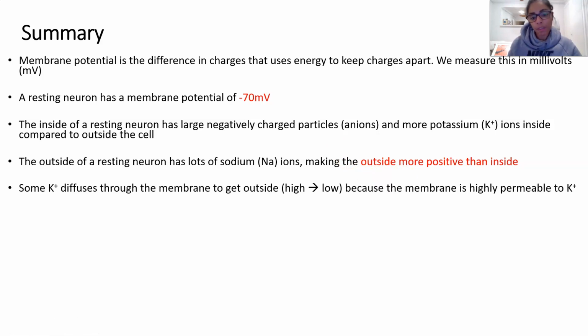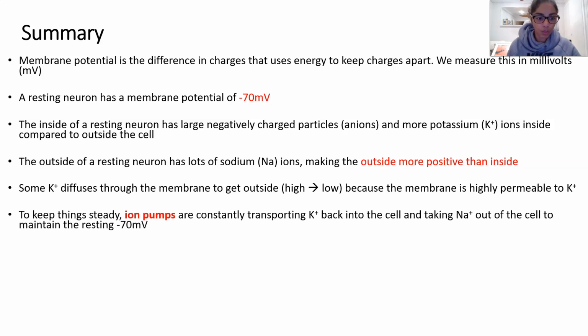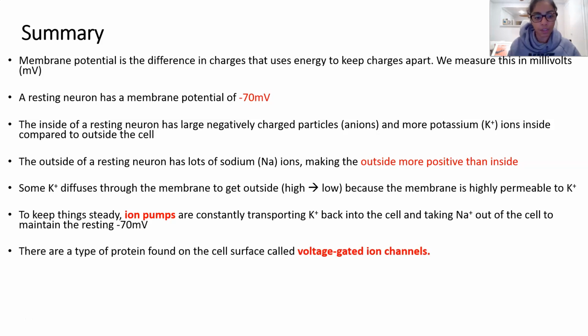We know that the potassium channels are a little bit leaky, so we start to get diffusion of potassium ions outside of the cell. However, that leakiness is corrected by the sodium-potassium pump. So this is where we have active transport transporting that potassium back into the cell and sodium out of it, thus maintaining our resting membrane potential.